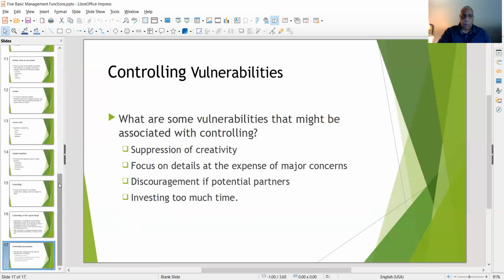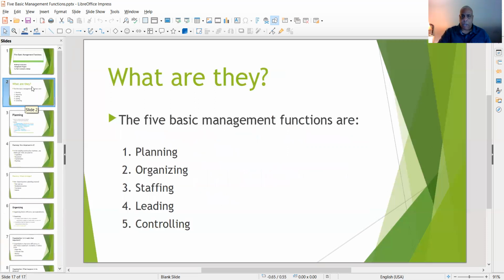So when we go back and we talk about basic management functions, we're simply talking about planning, organizing, staffing, leading, and controlling.